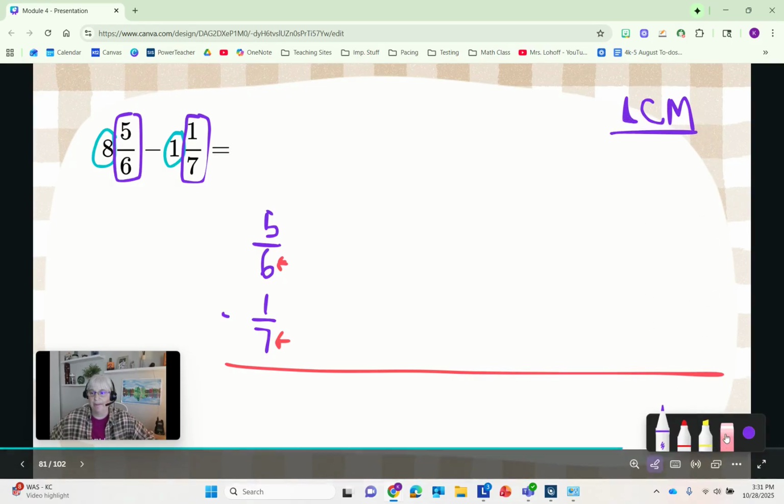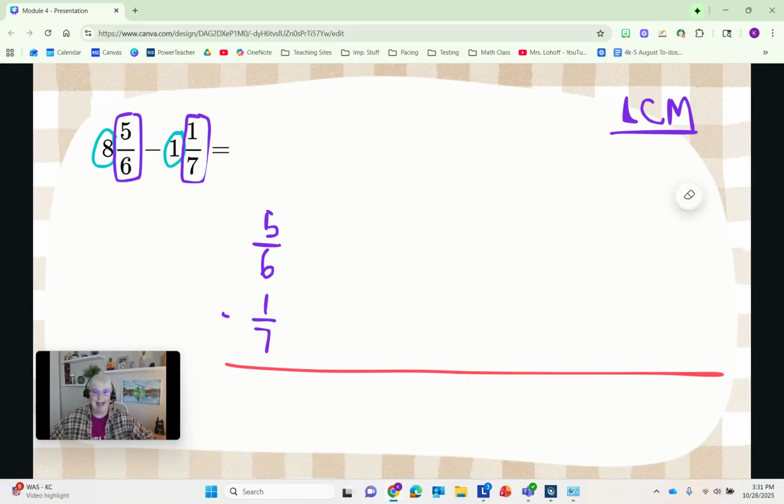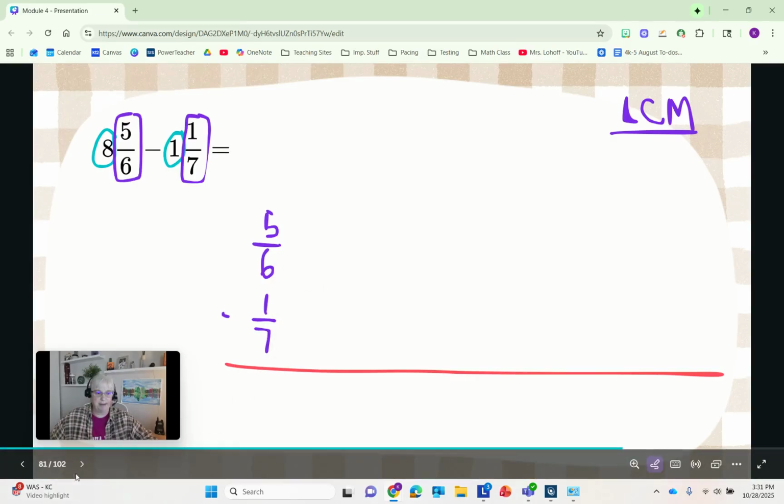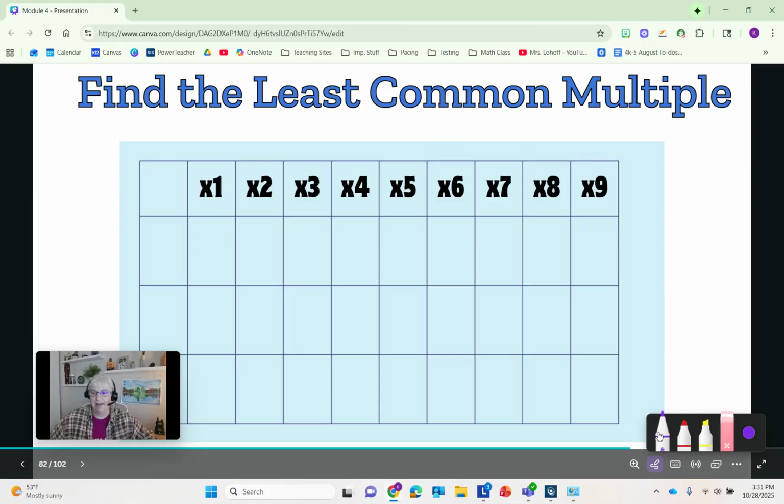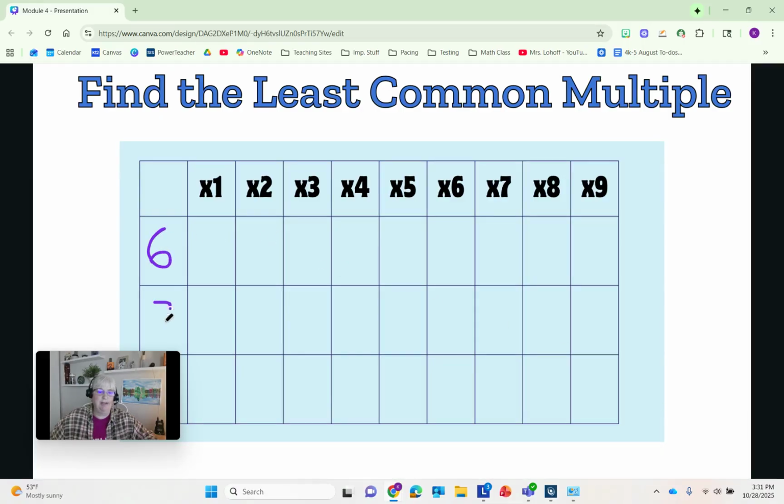If you're struggling with finding the least common multiple, I do have a video in my YouTube list that talks about exactly that, how to find the least common multiple for two fractions. First, we identify our denominators, 6 and 7, and I'll put them here in the worksheet. My video shows how to use this worksheet.